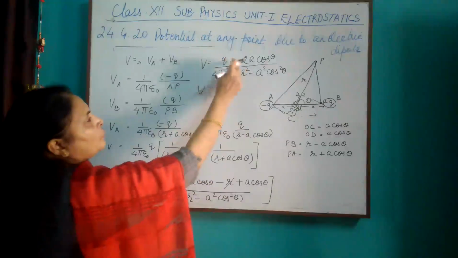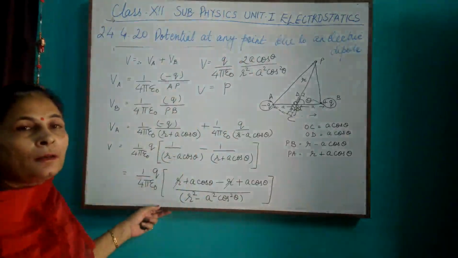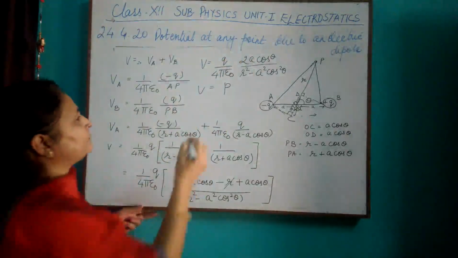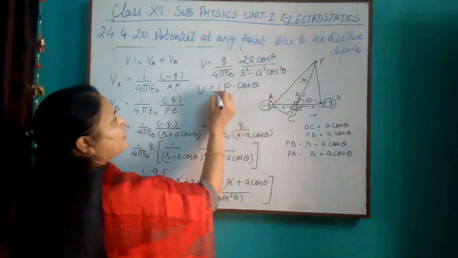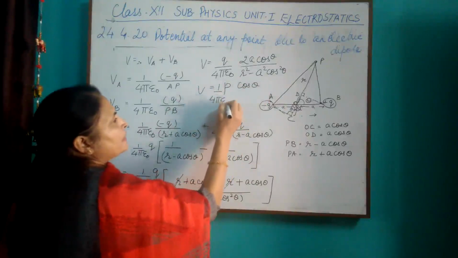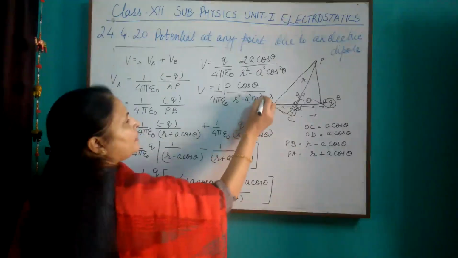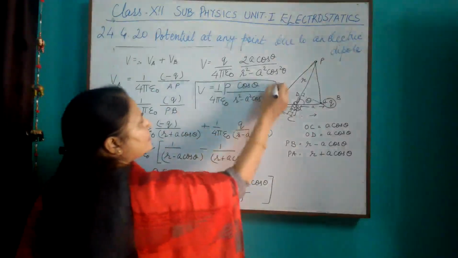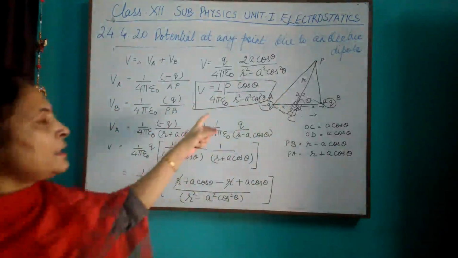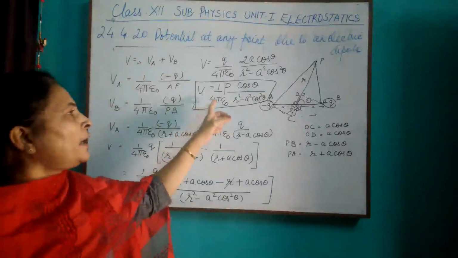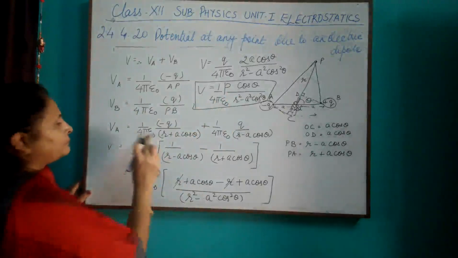In place of Q into 2A, I can again place P, electric dipole moment. So P cos theta, 1 upon 4 pi epsilon naught upon R square minus A square cos square theta. This will be the expression for potential at any point due to an electric dipole.